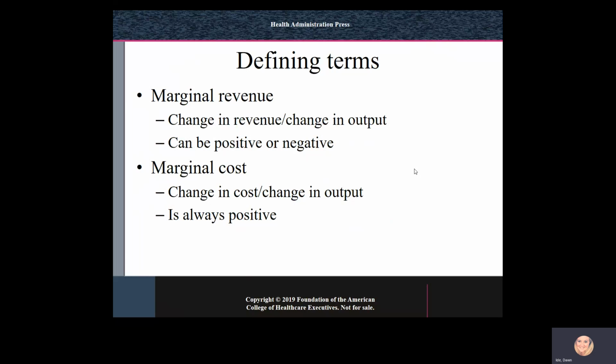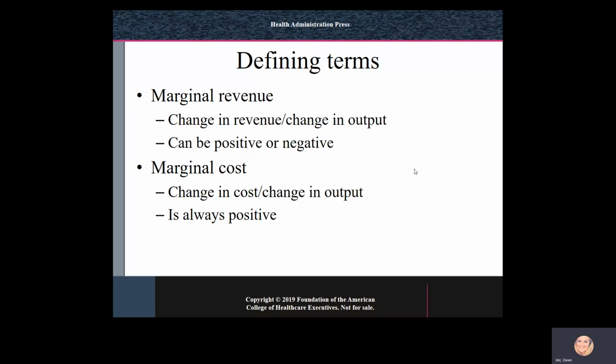Just think of it like this. Marginal revenue is a central concept in economics, microeconomics to be specific, that describes the additional total revenue that's generated by increasing the product sales, typically by 1 unit. Okay. So it's the increase in revenue that results from the sale of 1 additional unit of output.